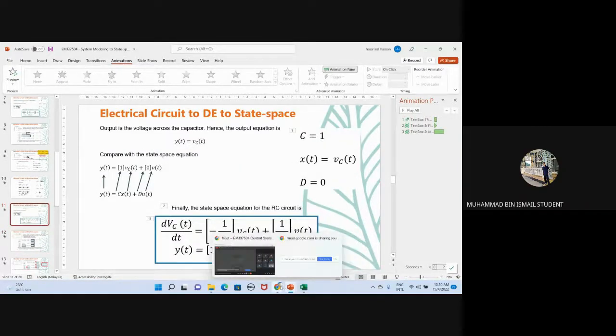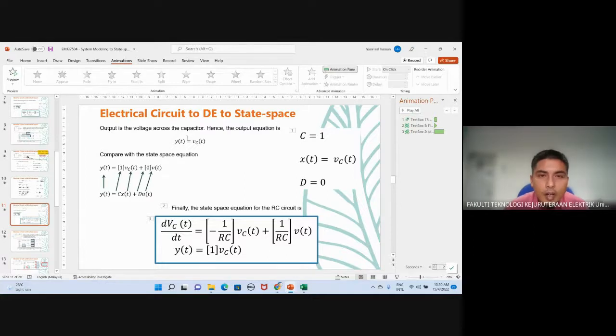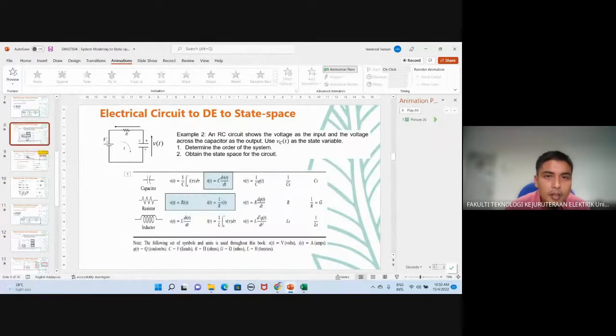Doctor, can you explain again how C can be equal to 1 and D equal to 0? Okay, based on the question, the voltage across the capacitor is the output.